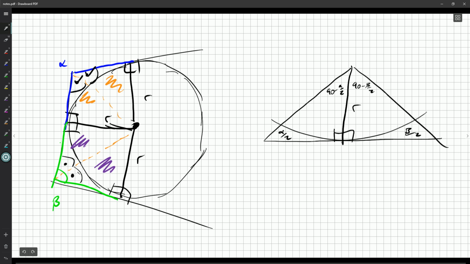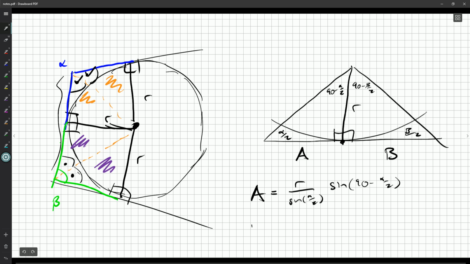We should be able to work those to get A and B, these lengths here, and then they would sum up to a side that we know. So we can use a little bit of trigonometry. For example, we could use something like the sine law to say that A is R over sine alpha over 2 times sine 90 minus alpha over 2, which is great.